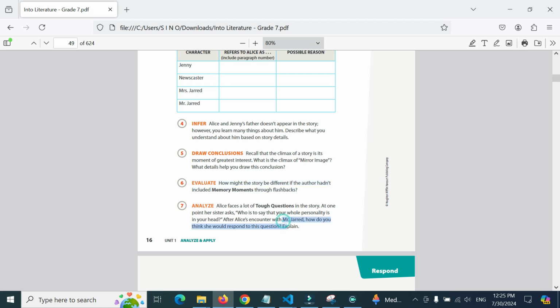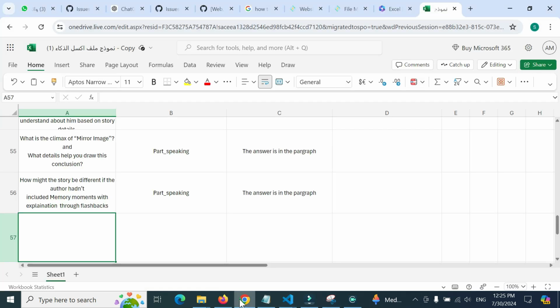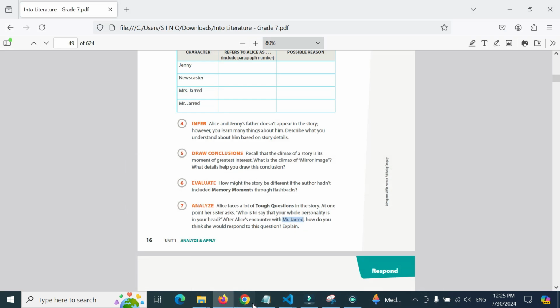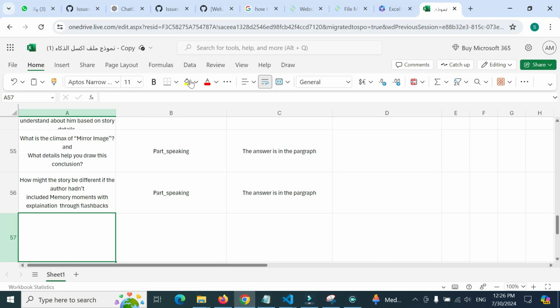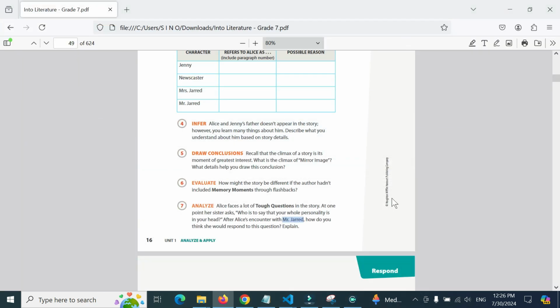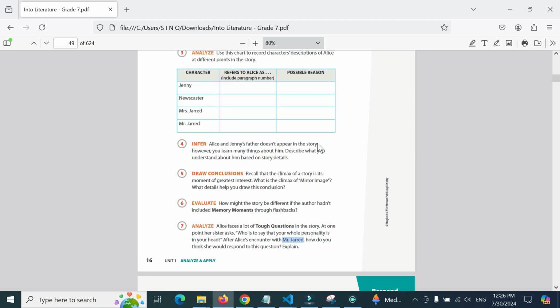So I believe here that Alice's response would change after her meeting with Mr. Richard. So it's not in the paragraph, but if we want the AI to answer it, we need to explain more for this question. But like I said before, it's pretty hard to import all the data the AI needs to understand the story, because we are talking about a story that the AI doesn't know, a story in the book.